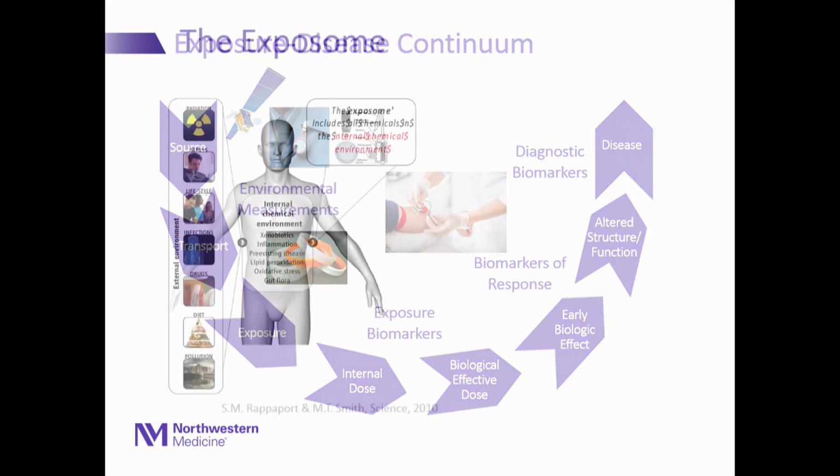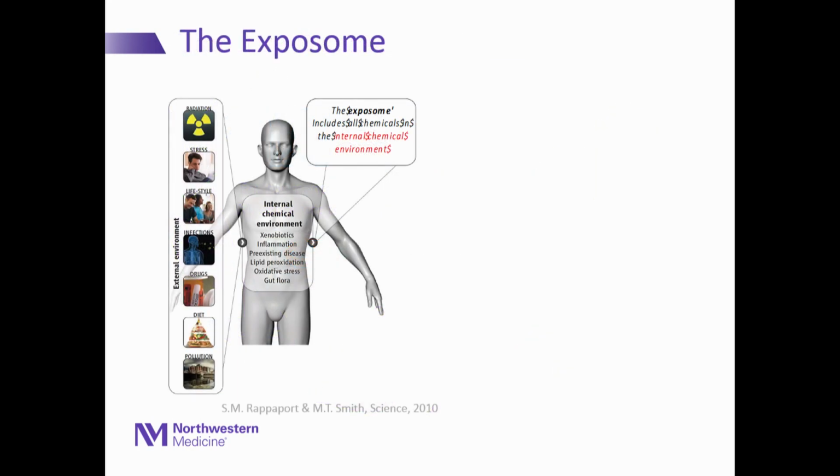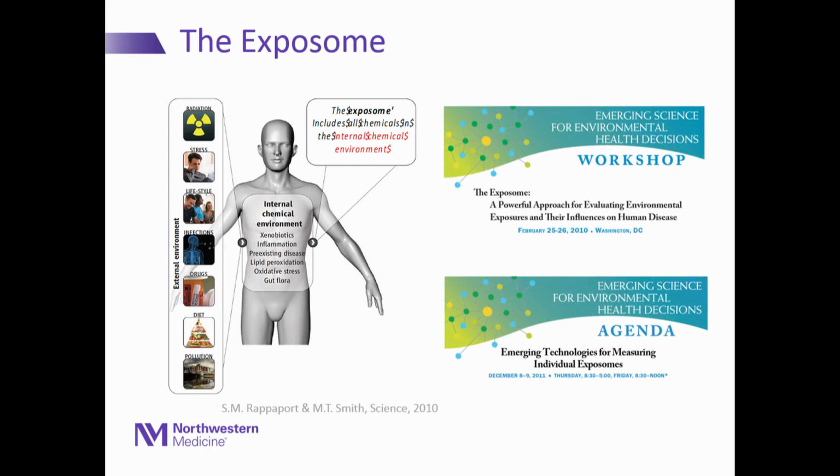So just real quickly on the human exposome. This is off of a paper of Steve Rappaport and Martin Smith that came out in 2010 talking about this concept of the human exposome, where in this paper there was actually 2 National Academy of Science meetings that focused specifically on this concept of the exposome as a complement to the genome.